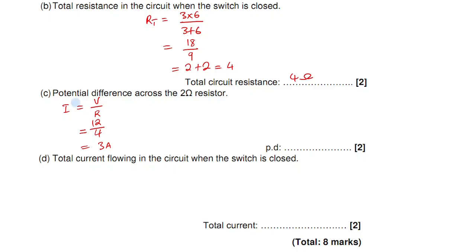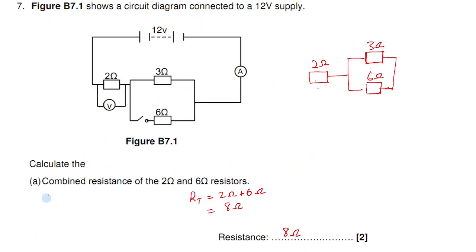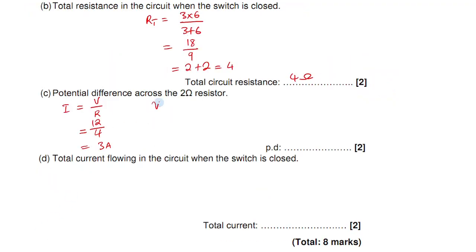Now they want potential difference across the 2 ohm resistor. We know the current flowing here is 3 amps. So we use that current passing through this resistor to find the voltage. Voltage is current times resistance, so the current is 3 and the resistor itself is 2.